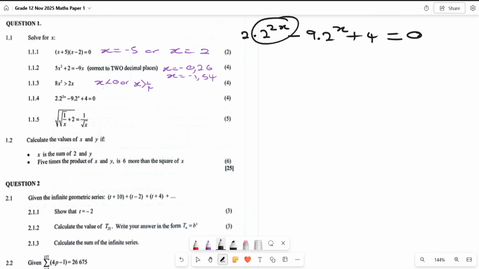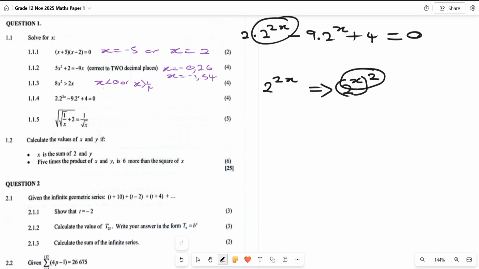First of all, you just need to simplify it, or separate it. So 2 to the 2x is the same as saying 2 to the power of x, squared. You see that because when you have a bracket like that, you multiply the exponents.